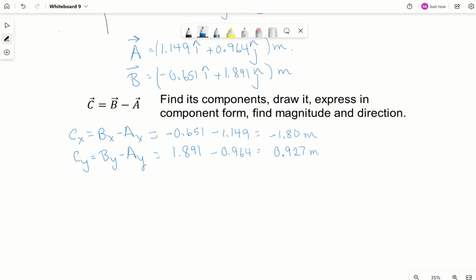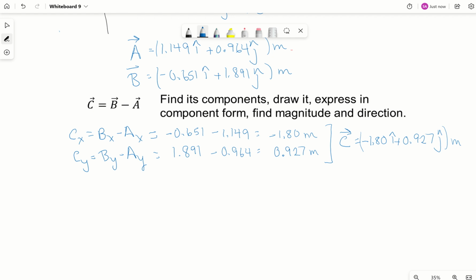So if I were to write vector c in component form, c is equal to negative 1.80 i hat plus 0.927 j hat, and the units are meters.